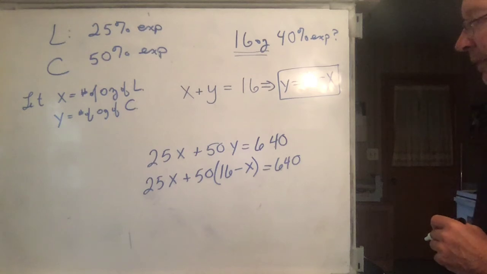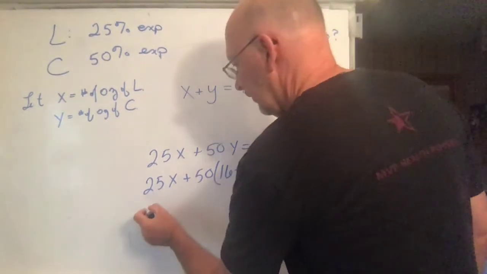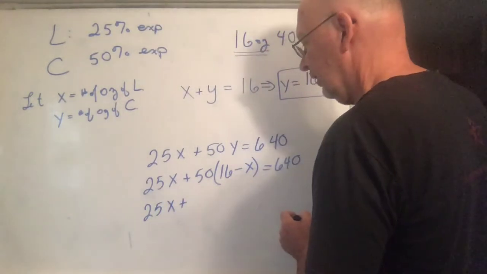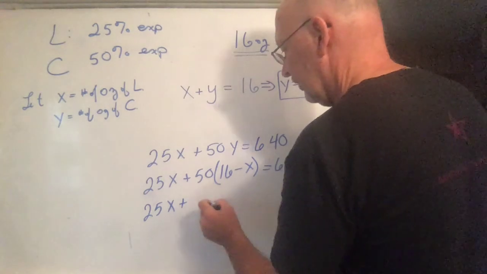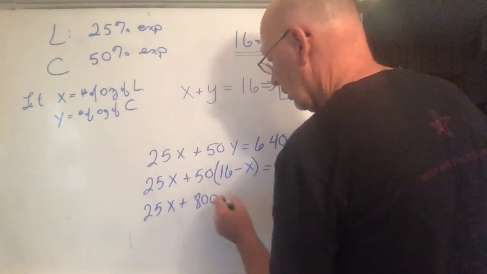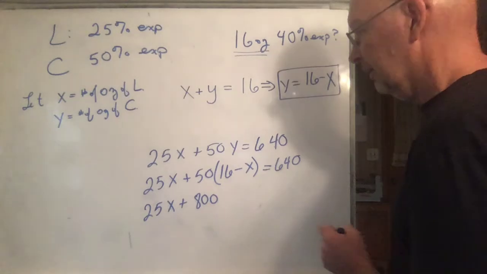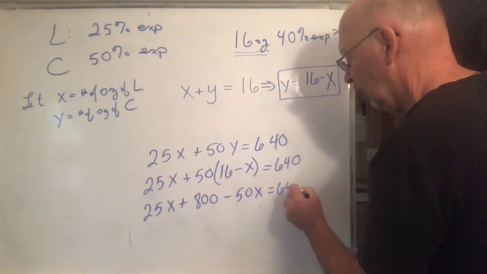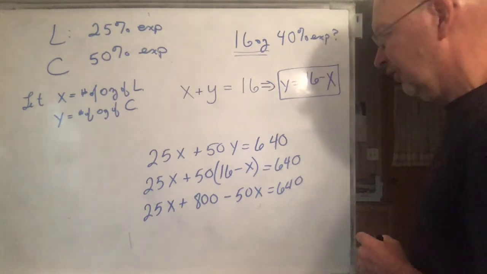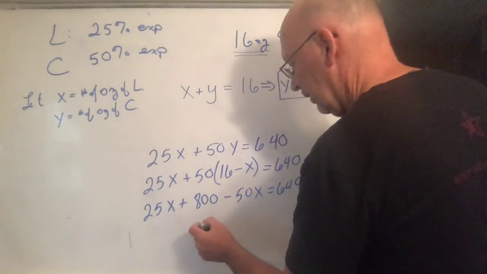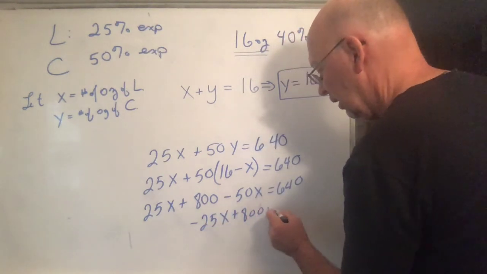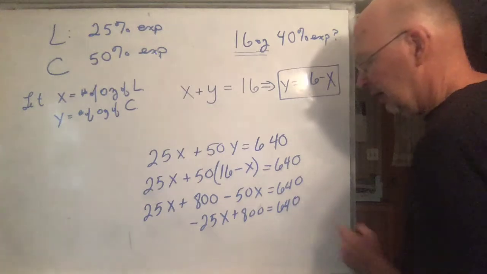See that? So you've got that, and now you can multiply it all out. You're going to get 25x plus 50 times 16. What's 50 times 16? That's 800. Minus 50x is equal to 640. And so I've got negative 25x plus 800 is equal to 640.